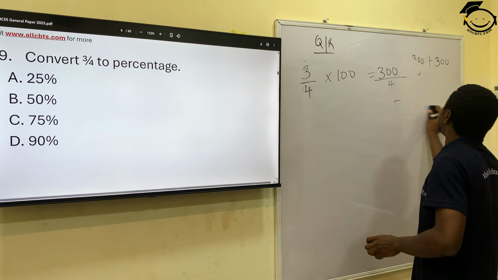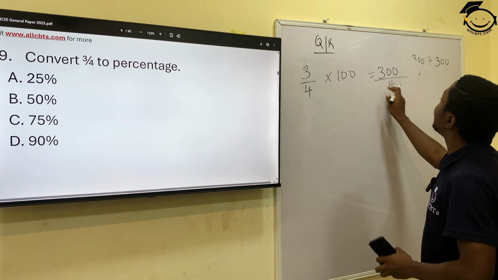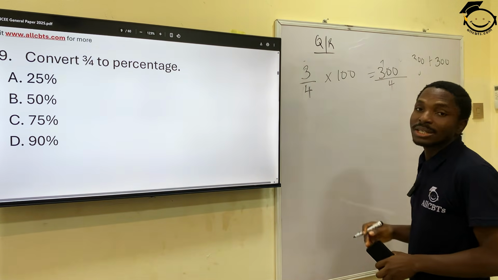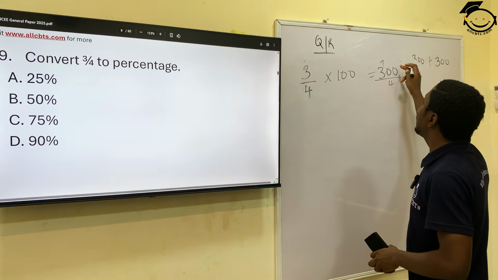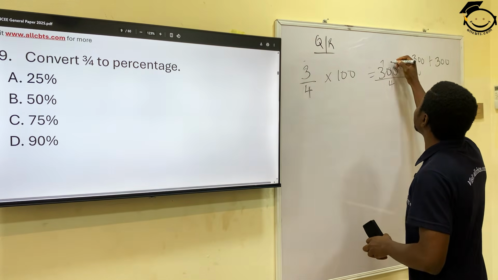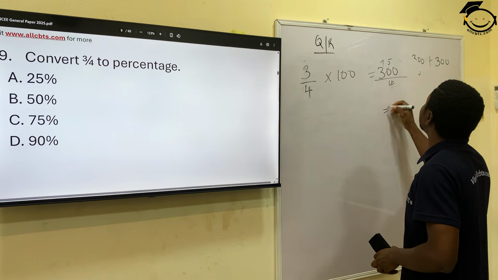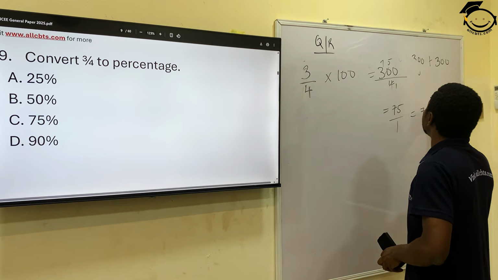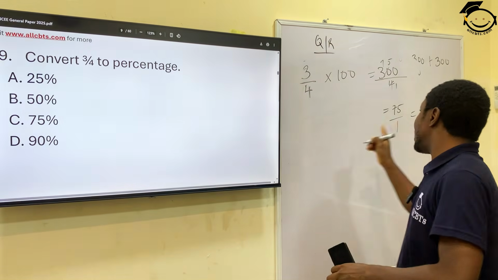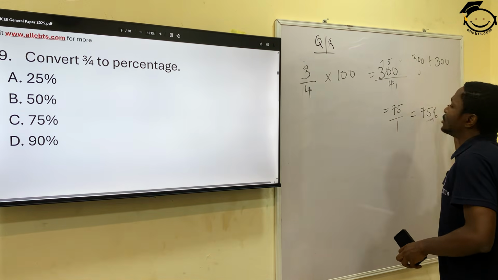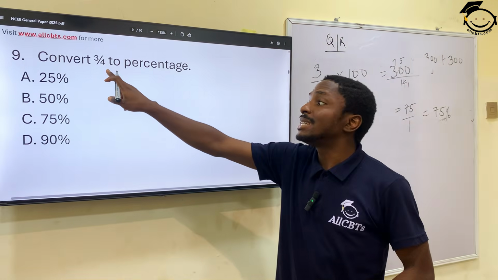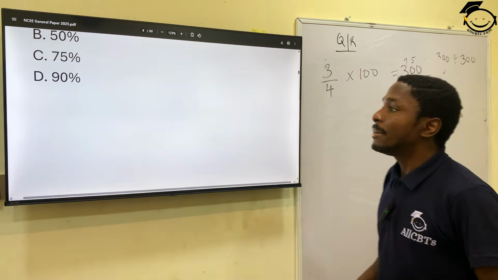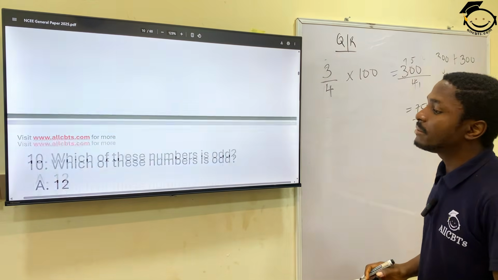Okay, so then you divide 4 in 30, you have 7, that's 28, right? Remaining 2. 4 in 20, that's 5, so this will be 75 over 1, that equals 75. So remember to always put your percentage sign, because the question says you have converted this to percentage. So your answer must have percentage, which is C, 75%.